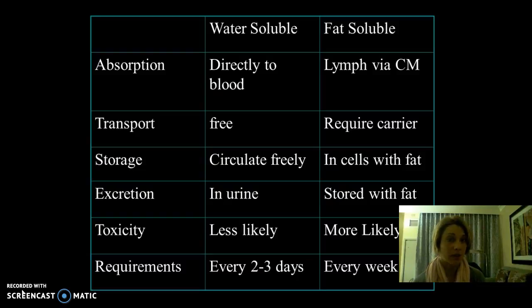Therefore, requirements for water-soluble vitamins are more often, like 2 to 3 days, whereas for fat-soluble vitamins you need to make sure you're meeting your requirements weekly, and you can rely on some reserves in the fat stores.